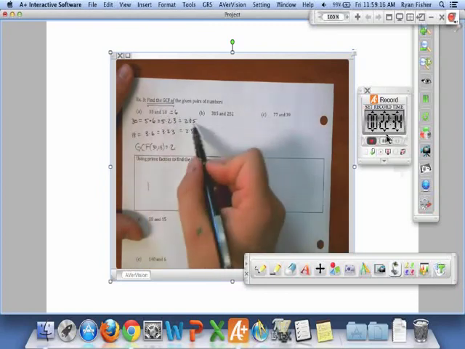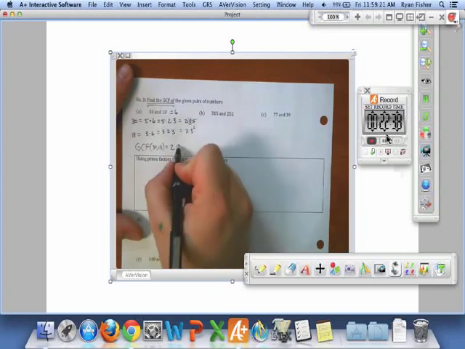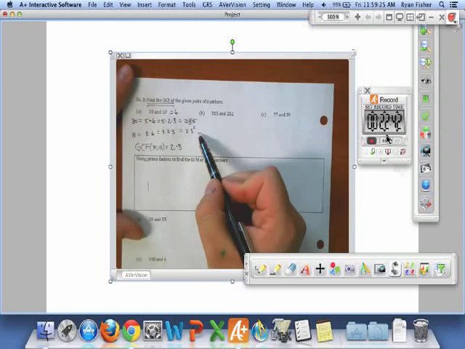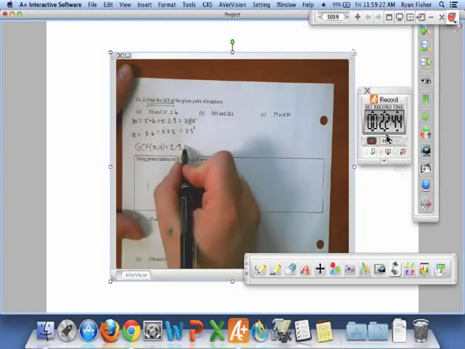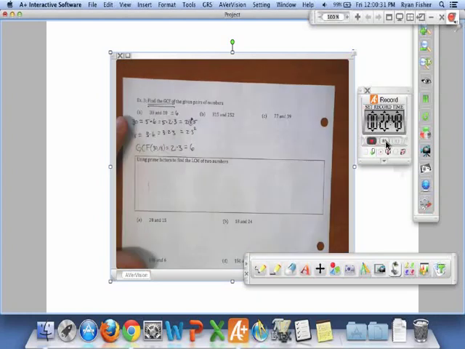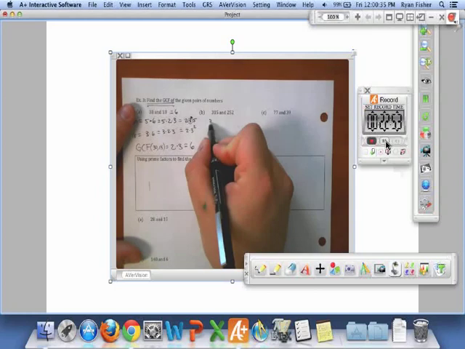Okay, so 315. You can use a factor tree, or we can just find some primes. 5 certainly goes in, because it ends in a 5 or a 0. 315 divided by 5 is 63, I believe.